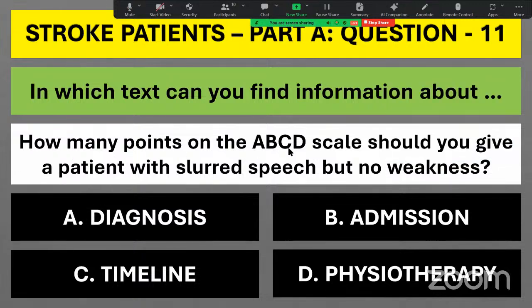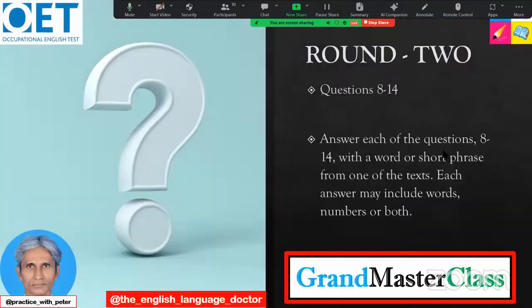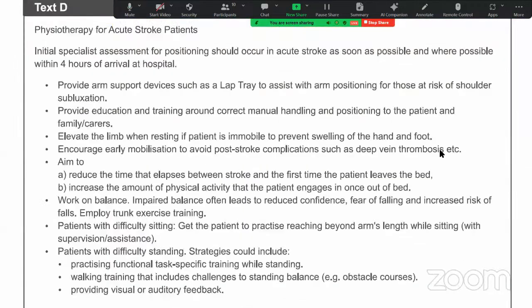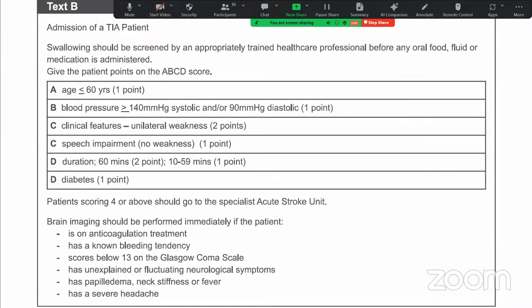How many points on the ABCD scale should you give a patient with slurred speech but no weakness? Slurred speech, no weakness. How many points should you give? Now let us go to B. How many points will you give?